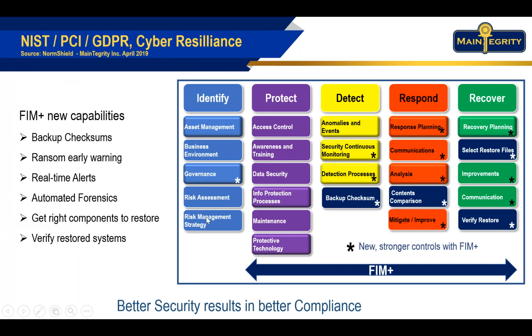So this is kind of a high-level look at what the NIST compliance structure is. And simply, you need to identify, protect, detect things more quickly, respond, and recover. FIM plays in much of this area. And actually, it really provides valuable data for your governance environment and for your planning environment as well.